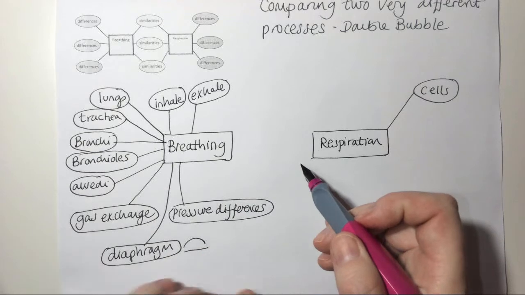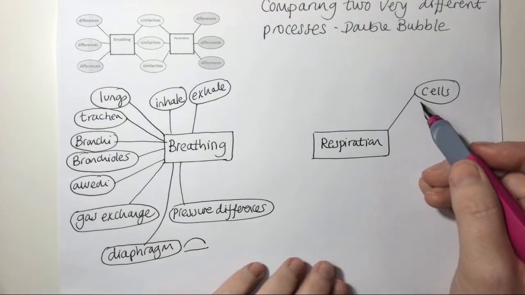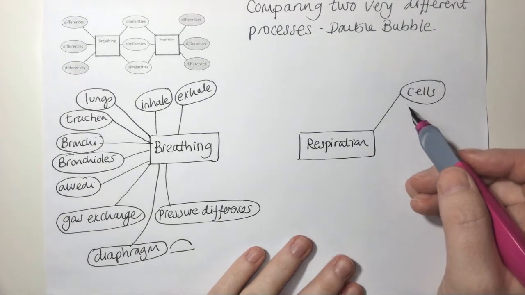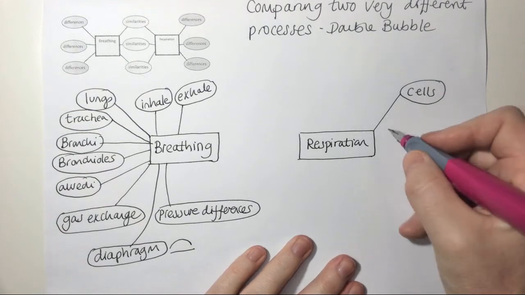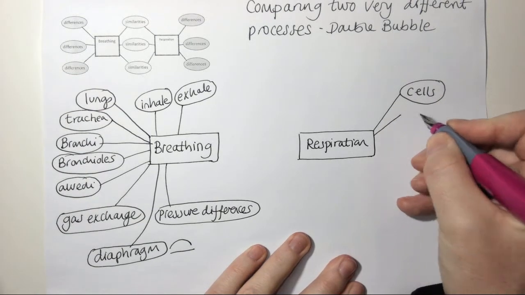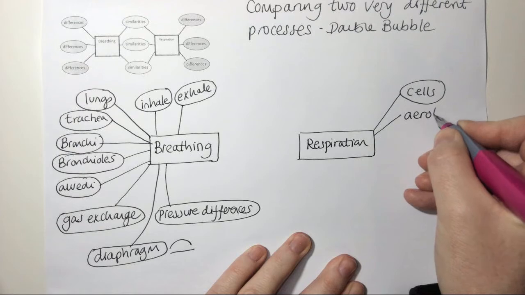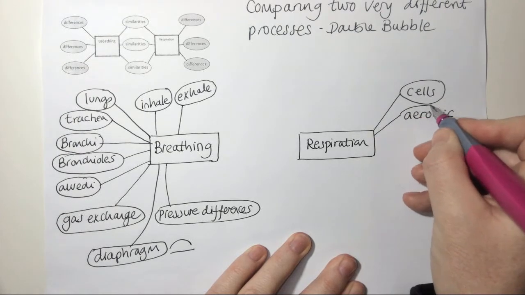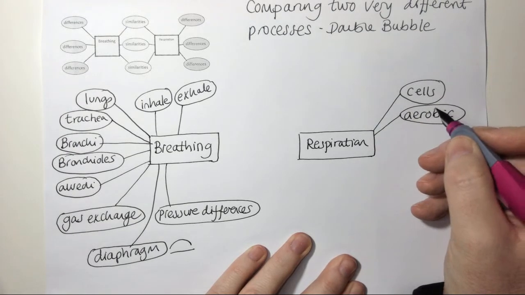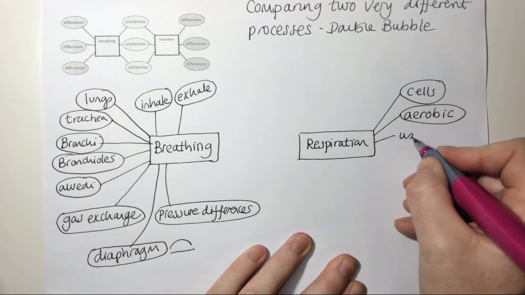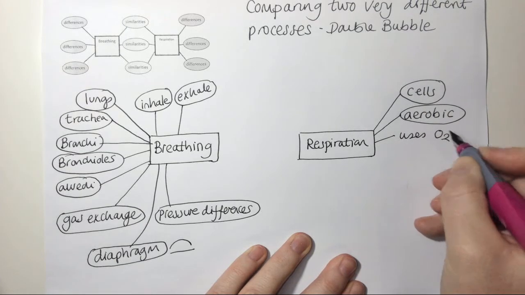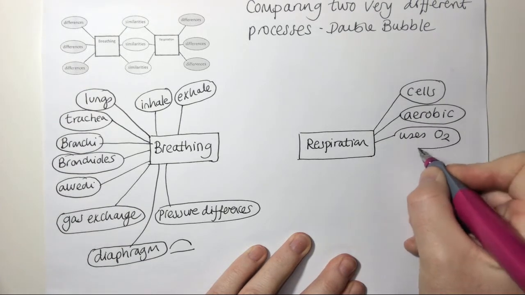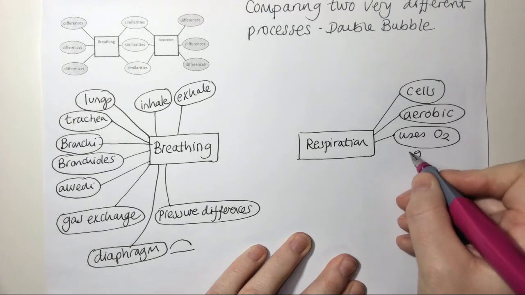Well, let's think about respiration then. Well, we know it happens in cells, and we've talked about one type of respiration, which is aerobic. We can then say, well, what does aerobic respiration use? Well, it uses oxygen, and we could say glucose.